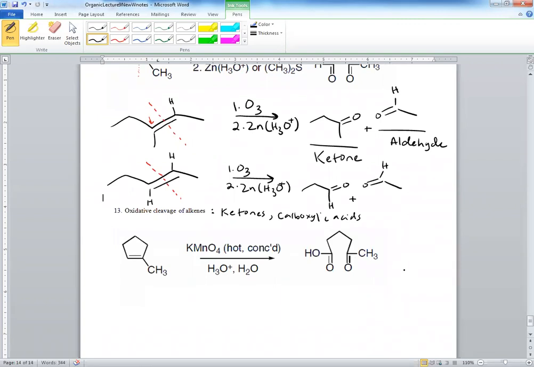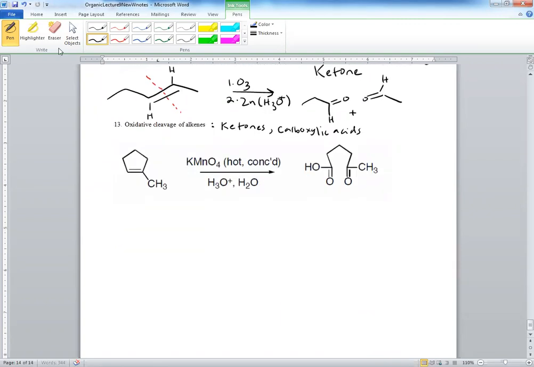So here is another useful reaction for us. Here's the key for this. Permanganate is an oxidizing agent. It's a very, very powerful oxidizing agent. We learned about this in Gen Chem. You have an H here.